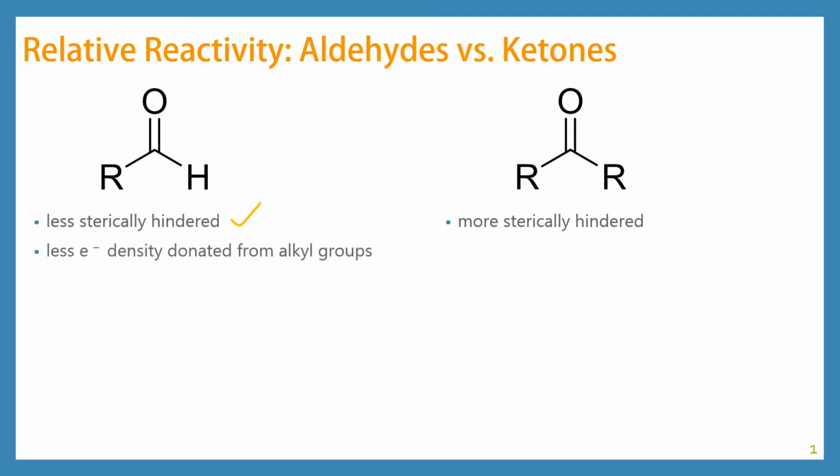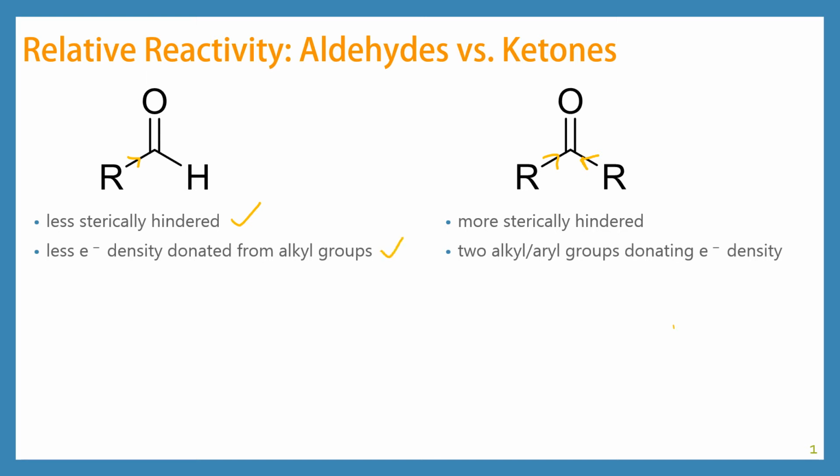Our next thing is that alkyl groups are electron donating. So this alkyl group is donating electron density towards the carbonyl. And if something is going to be electrophilic, we actually want electron density being pulled away from it in order for it to be more reactive. So the more electron density that's flowing into the structure, the less electrophilic it is. So the ketone has that going against it because it has twice as many alkyl or aryl groups donating electron density towards the carbonyl carbon.